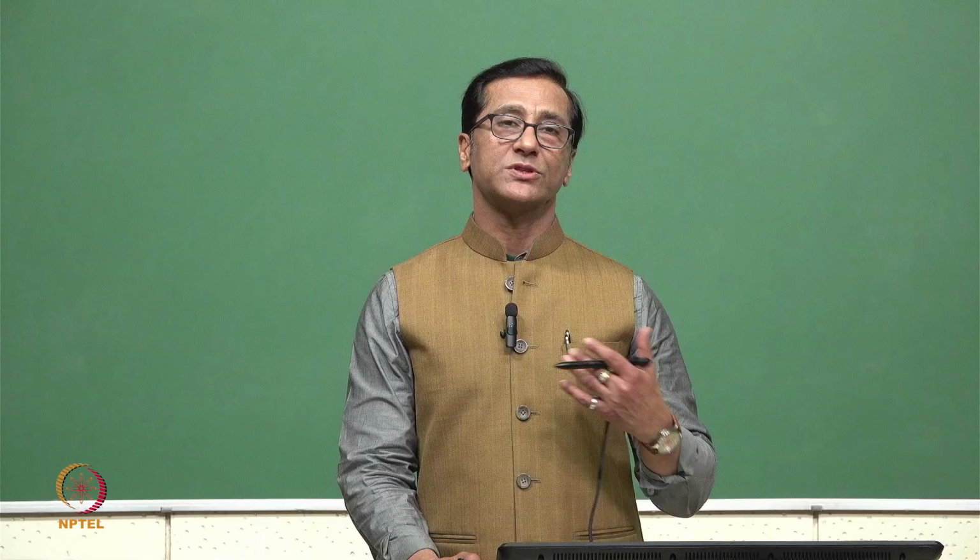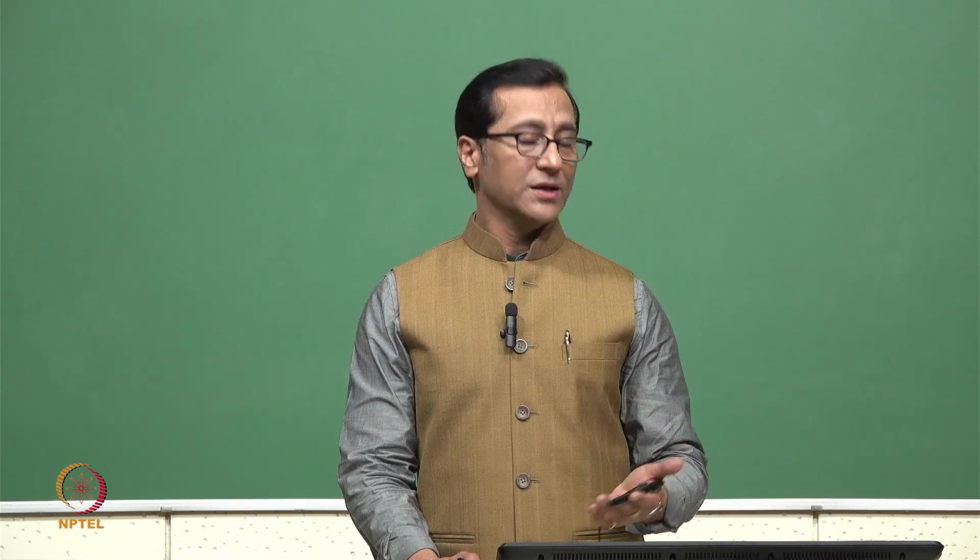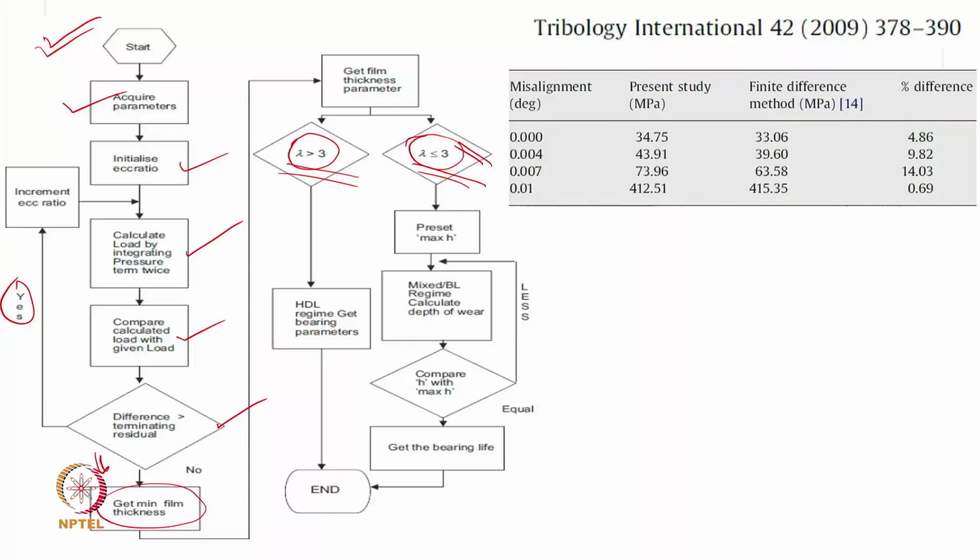Again, there may be surface roughness on the higher side, and then we need to think in a slightly different manner. While in this paper we assume specific film thickness greater than 3, it can go to the HL or elastohydrodynamic lubrication. We try to get the results and converge it.